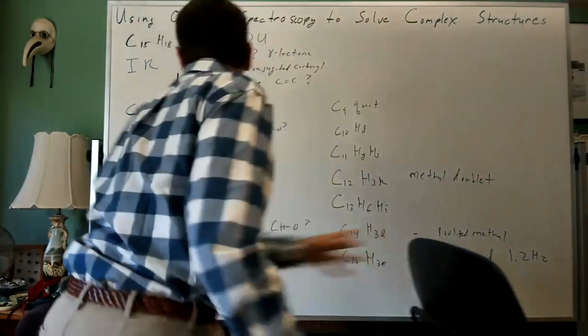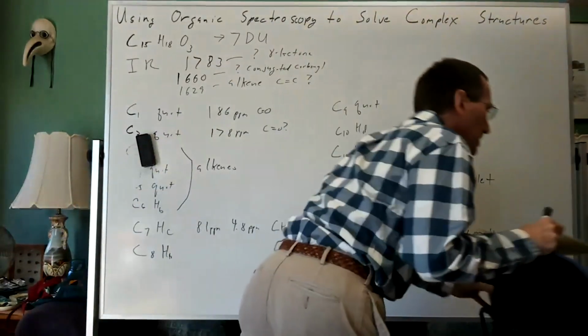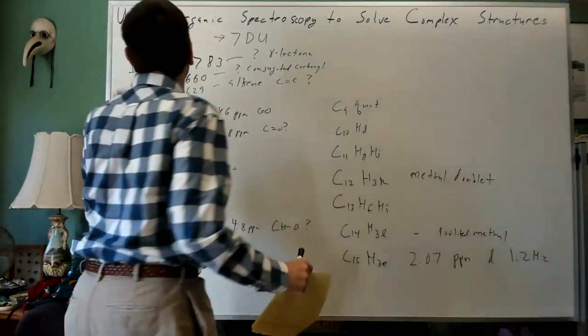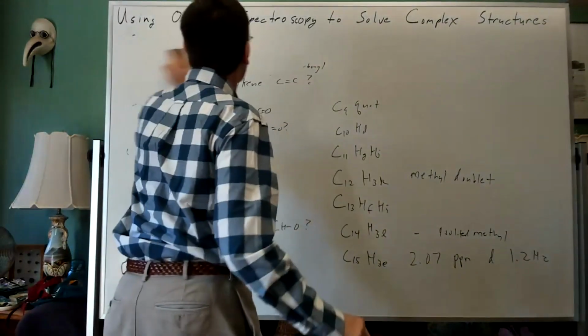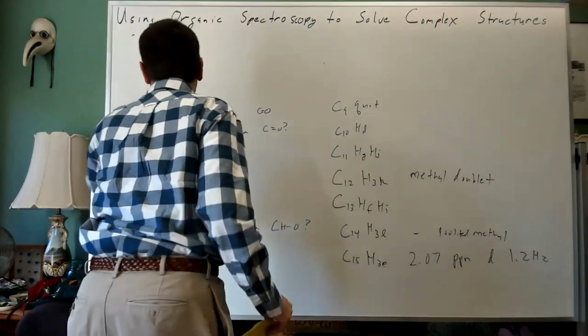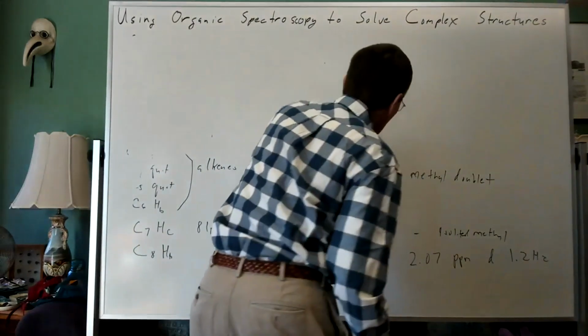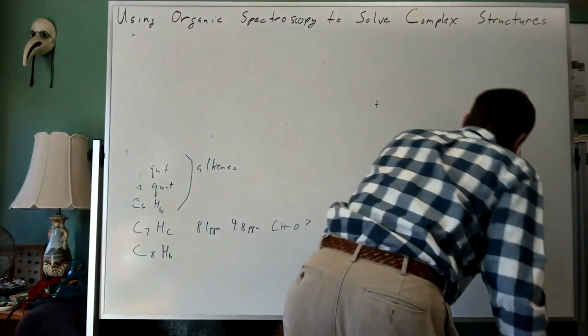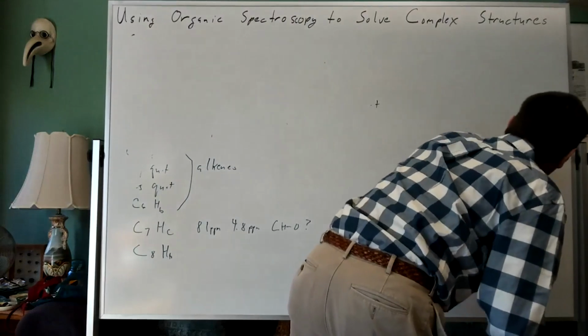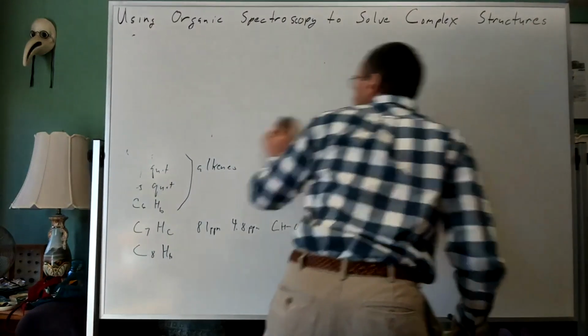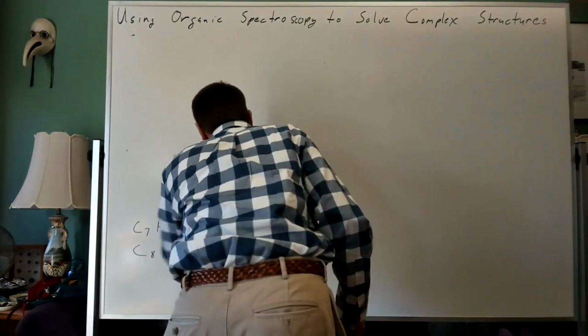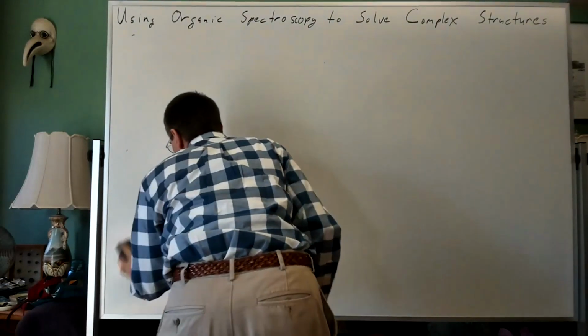So I usually start to jot notes as I work it. I might jot it on the spectrum, or maybe I'll have a separate piece of paper for my work.